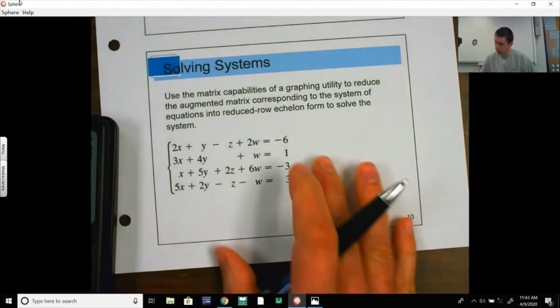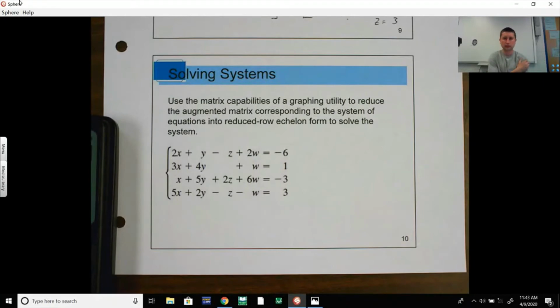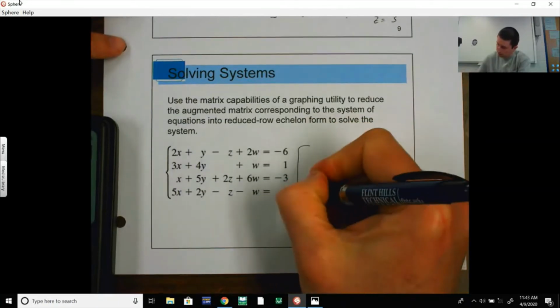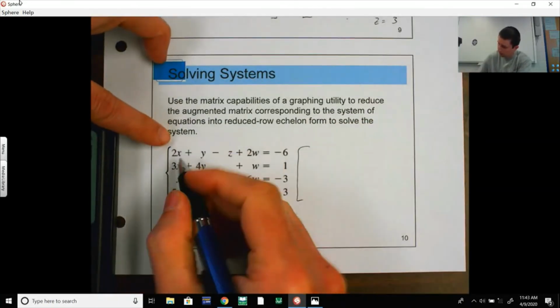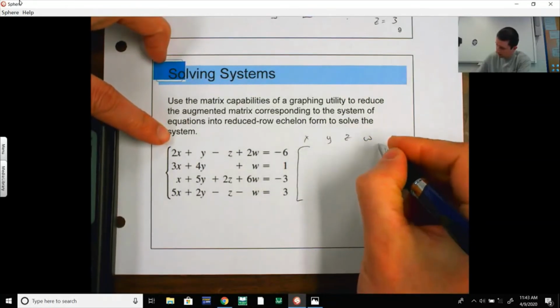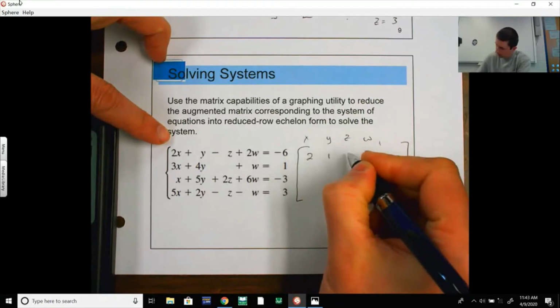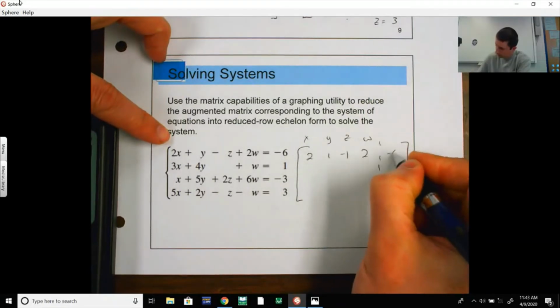Okay, so let's do this one. Use the matrix capabilities of a graphing calculator to reduce the augmented matrix corresponding to the system of equations into reduced row echelon form to solve the system. So we need to put into our calculator our augmented matrix. We have x, y, z, w. So 2, 1, negative 1, 2, negative 6.